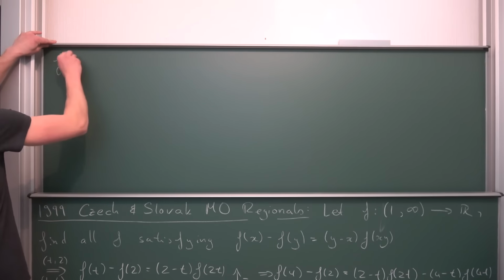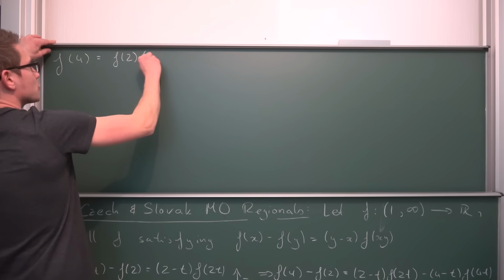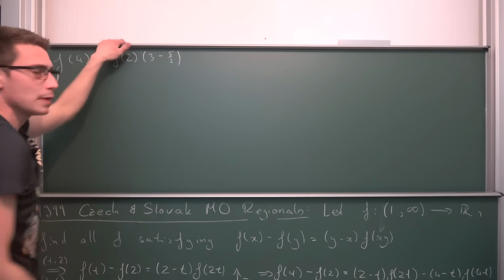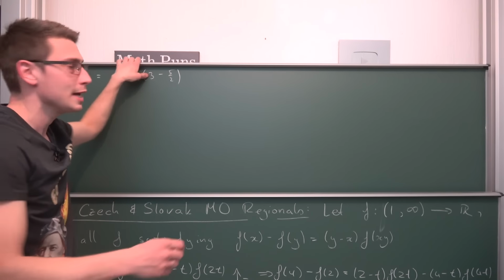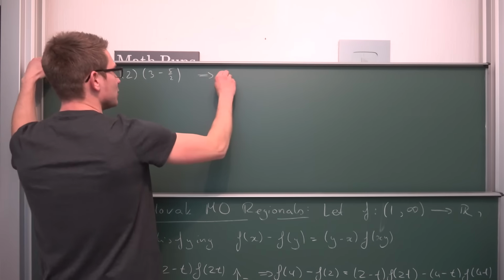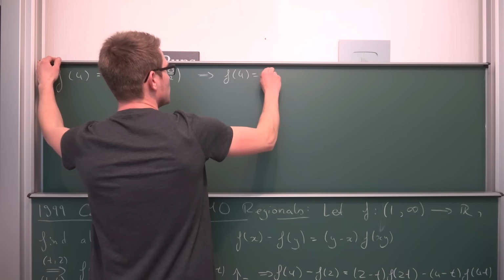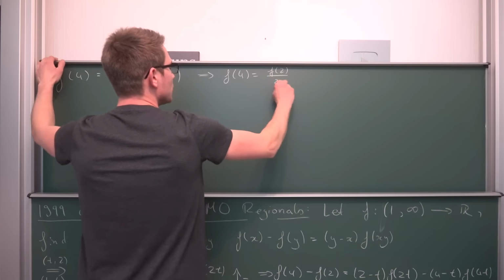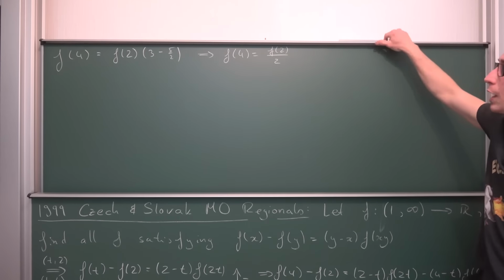If we plug this in, then f of 4 is equal to f of 2 times 3 minus 5 over 2. 3 minus 5 over 2, expanding, is going to give us 6 over 2 minus 5 over 2, which is 1/2. Hey, this is not even half bad, obviously. So f of 4 is hence equal to f of 2 divided by 2. So we got a value for f of 4.